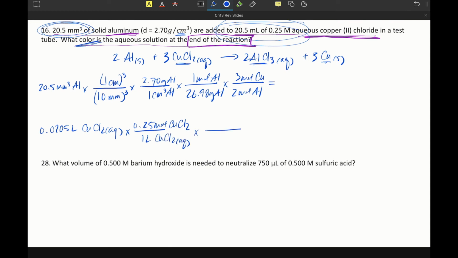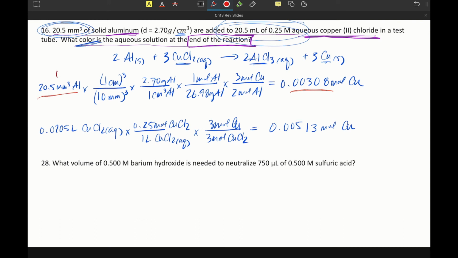Now I'm going to go from my CuCl2 to my copper, right? Now we just need to figure out which one of these is limiting. If we take a look at our numbers, we can see that this is the maximum amount we can make, which means that this is our limiting reactant.